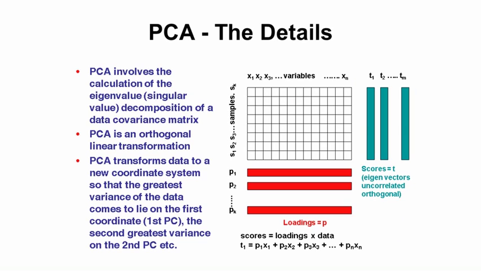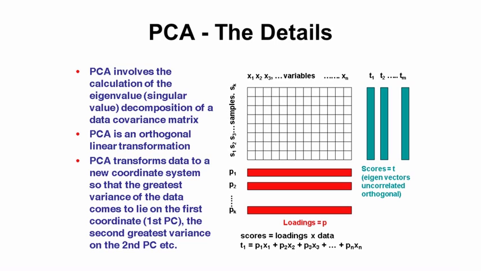So PCA is essentially an eigenvalue decomposition problem. So mathematically, you're doing a singular value decomposition of a data covariance matrix. So you're calculating correlations across all variables, then you're doing a singular value decomposition.